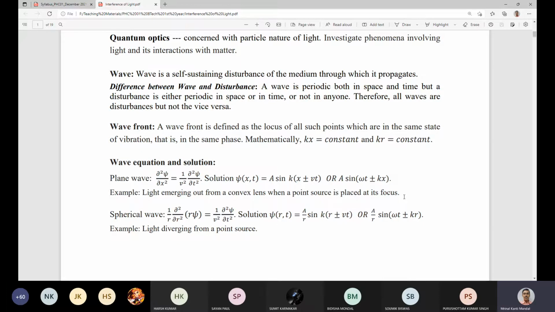And the corresponding solution will be psi(r,t) equal to a by r sin k(r plus minus vt), or a by r sin(omega t plus minus kr).